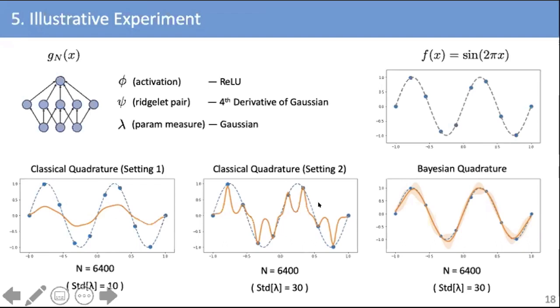And the second picture is basically just overfitting to the data. On the other hand, Bayesian quadrature gives us a better output of the neural network. Okay, so this is a sort of illustrative toy experiment.